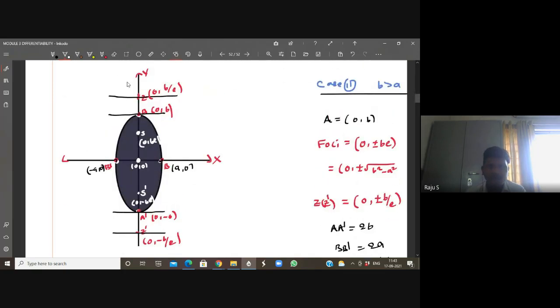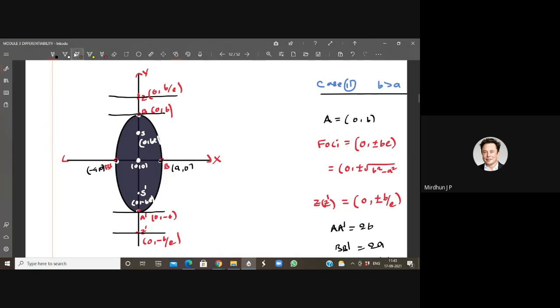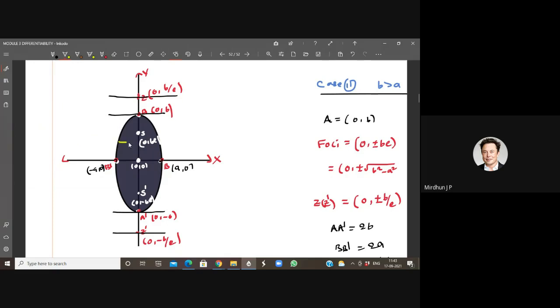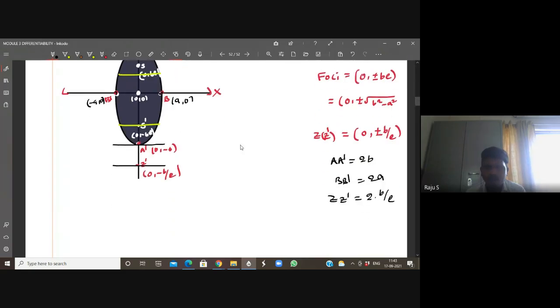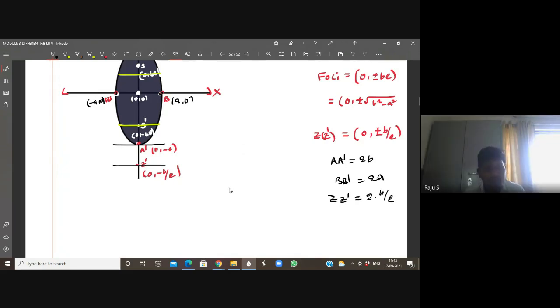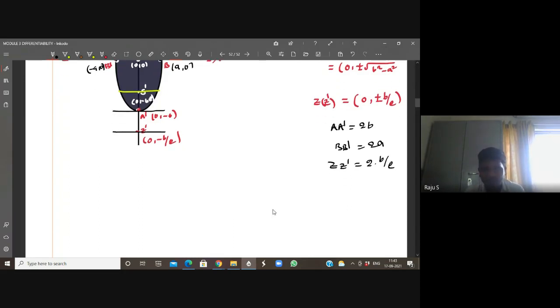Sir, in ellipse you said that e is less than 1, sir. Yes, e less than 1. So it may be imaginary also, no, sir? Is an imaginary value greater than 1 or lesser than 1, greater than 0, lesser than 0? Do you know that? For example, take 2 plus 3i.